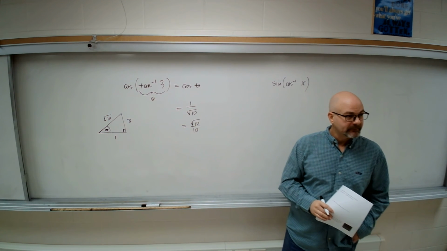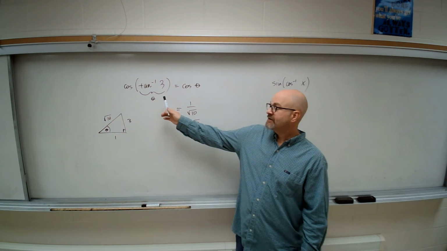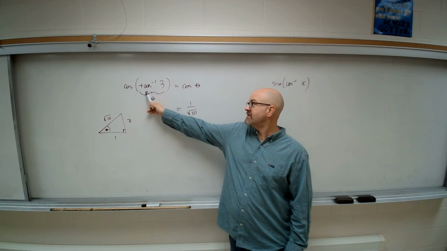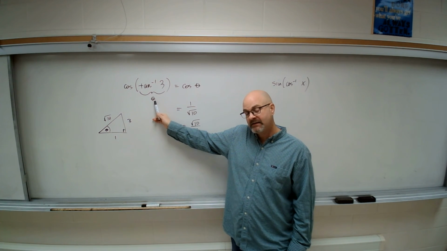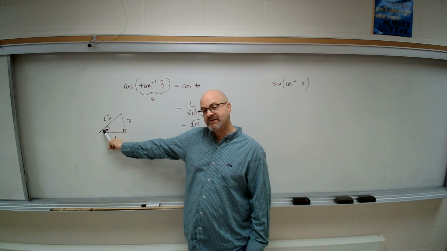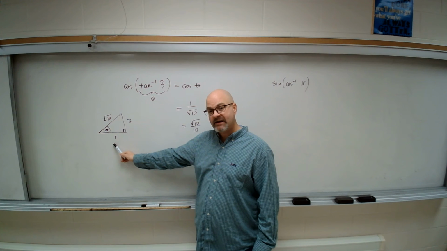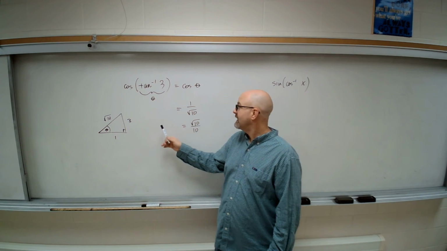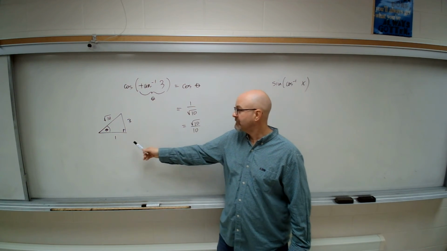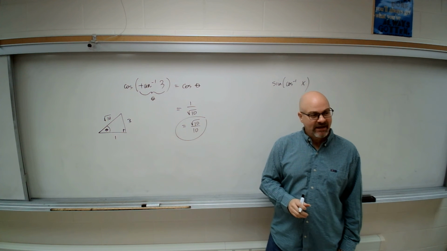So again, tangent inverse of 3 equals some angle, so put theta in a right triangle, draw a tangent of 3, and then find the hypotenuse. Then the cosine of theta will be 1 over radical 10, and we rationalize it, and it gives us radical 10 over 10.